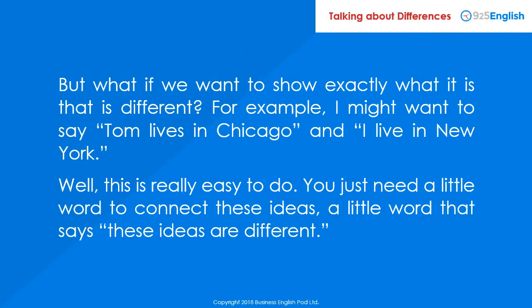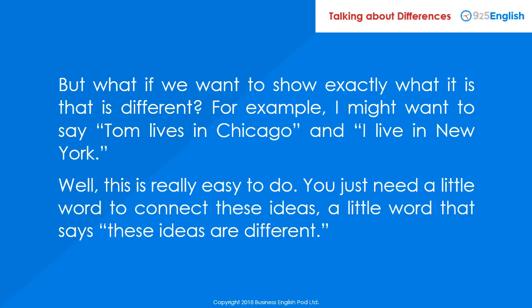But what if we want to show exactly what it is that is different? For example, I might want to say, Tom lives in Chicago and I live in New York. Well, this is really easy to do. You just need a little word to connect these ideas.